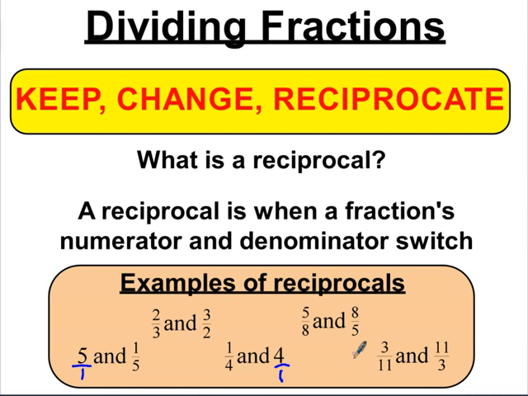The reason that it's written like this is because most of the time when you write a whole number, you don't put a 1 below it. It makes sense because what I've been saying for the last month or so is that a fraction is a division problem. And if you do 4 divided by 1, you get 4. So those are all examples of reciprocals.